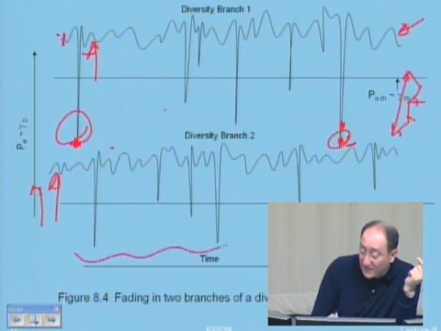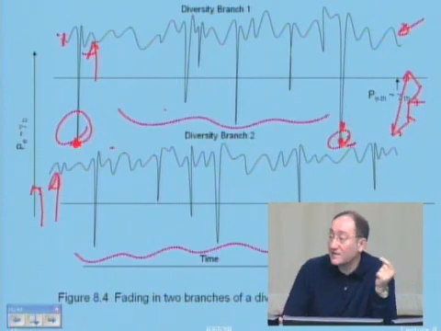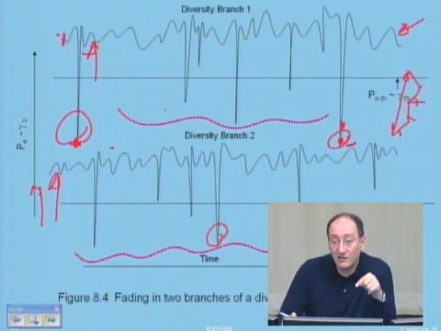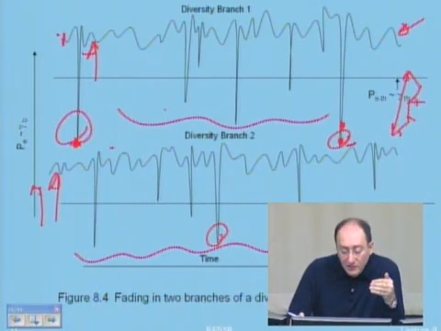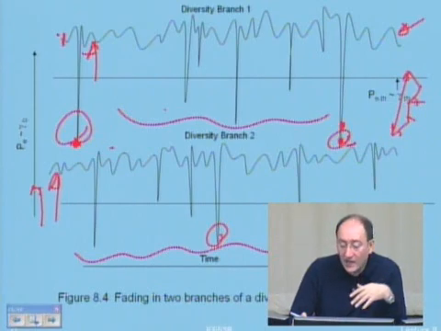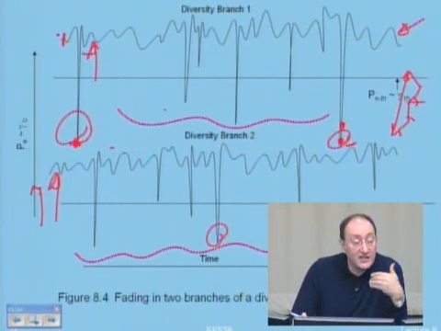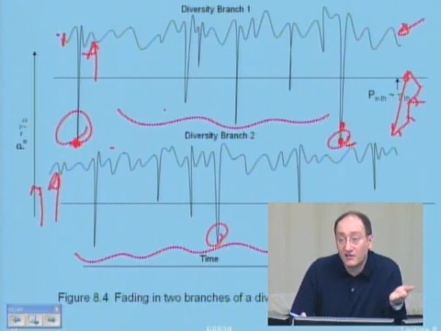Although the statistics of the two are the same, they go into the fade independently from one another. Then I would say that my received signal has two branches of fading, or it's a diversified signal which has arrived at the receiver.